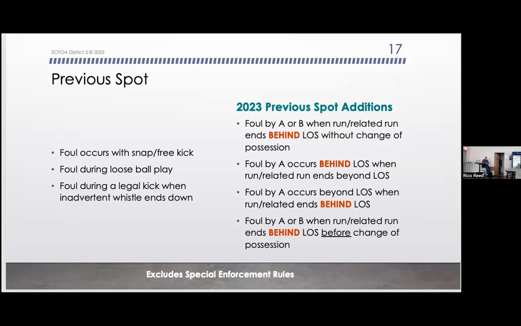Previous spot. Yep. It's excluding special enforcement. So if you remember behind is previous, then you'll be able to get this mostly correct. All right, so if you're out there and you're stuck, at least you know one or two things.